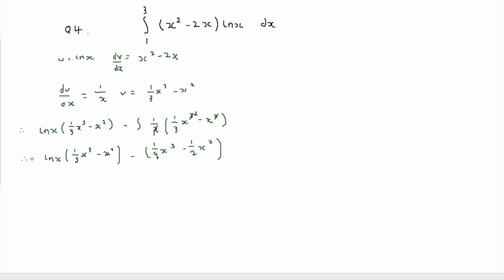So now we have to put in limits. So we're going to put a big bracket around this. And then the limits we have are 3 and 1. So it's exactly the same until we start with the limits.